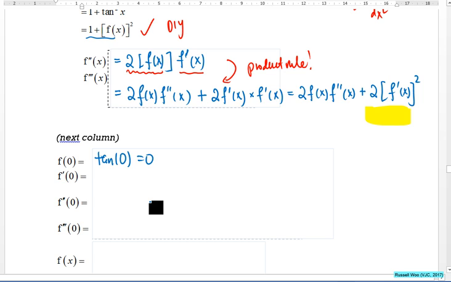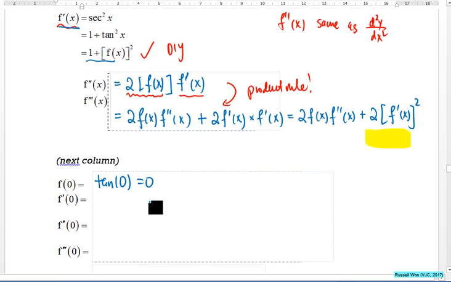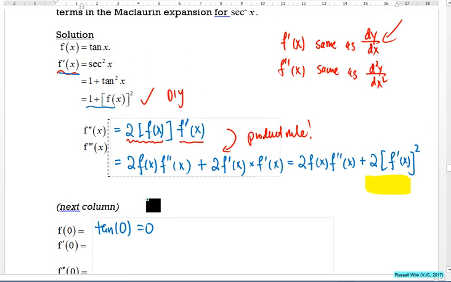Now f'(0). Many of us would be very tempted to substitute x into this, and you get 1 plus tan squared 0, which is really not wrong. In the end, you will get f'(0) is 1. Entirely correct. But I'm going to use this result instead.